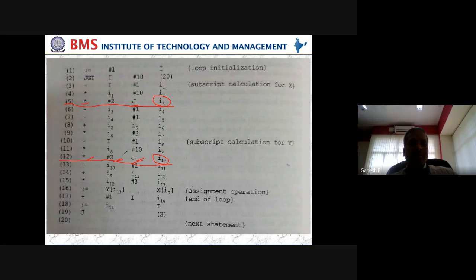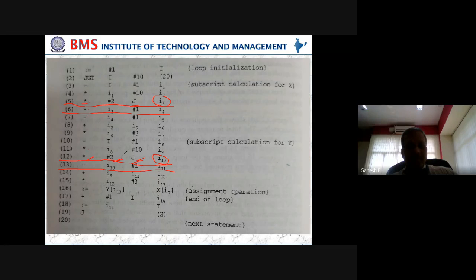There is no point in repeating 2 quadruples for the same functionality. What could have been done here? Remove line number 12, but keep the values of I3 and I8 the same. So whenever you calculate I3, you can also reuse that I3 at line number 12 without computing again and again. Similarly, we can see some computation of this category, maybe at line number 6 and line number 13.